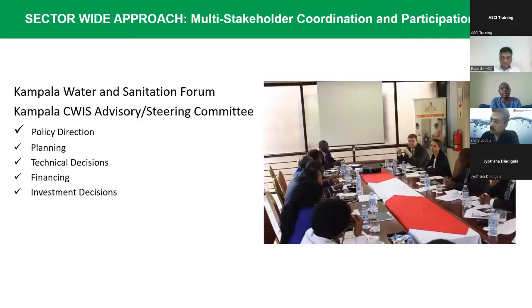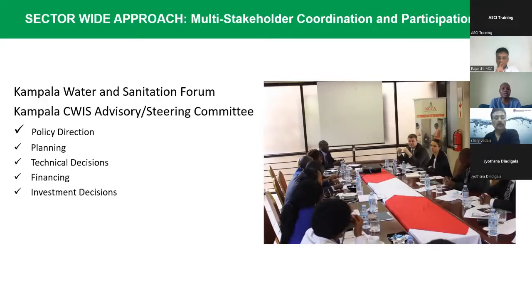At a city level, you also have multiple players: a number of NGOs, small CBOs, all doing different things everywhere. So one of the strengths of our program was to bring everybody together. We structured a framework for collaboration: development partners, private sector, utility, city, everyone.